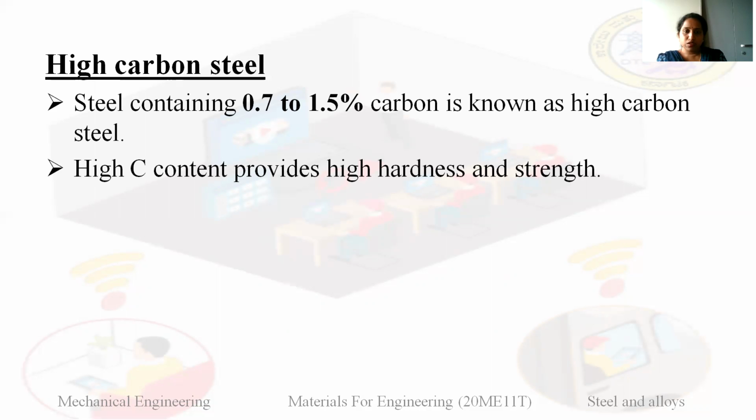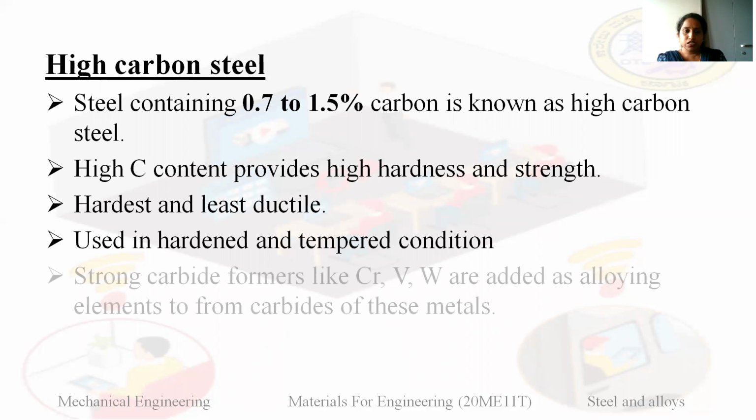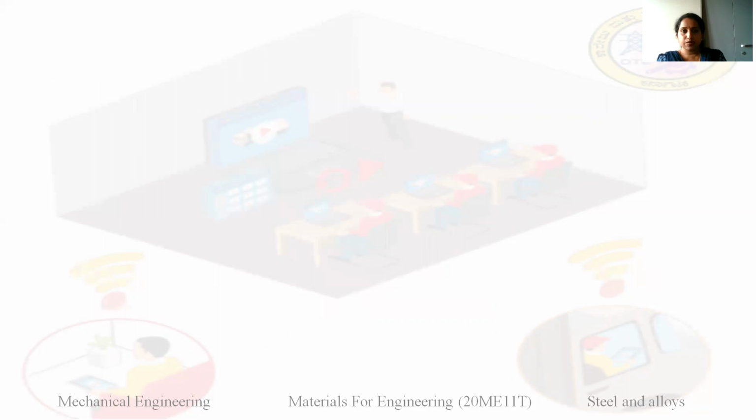So the high carbon content provides high hardness and strength, hardest and least ductile. It is very much hard when compared to the other two. Used in hardened and tempered conditions. Strong carbide formers like chromium, vanadium and wolfram, that is the metal name, are added as alloying elements to form the carbide of these metals.